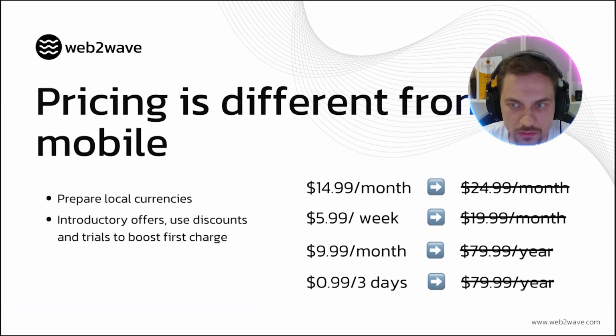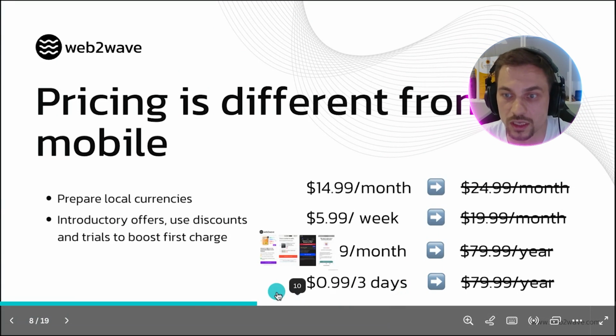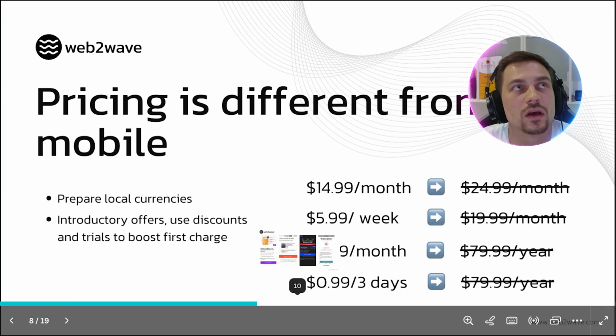But on web, everyone is using variations of these changes, and especially on web, free trials are not working really well, because the conversions from free trial to real purchase are 2-3 times lower than on mobile, and eventually the results of your campaigns on Meta are getting worse and worse.